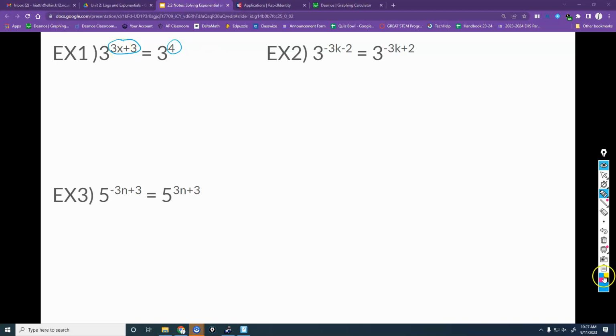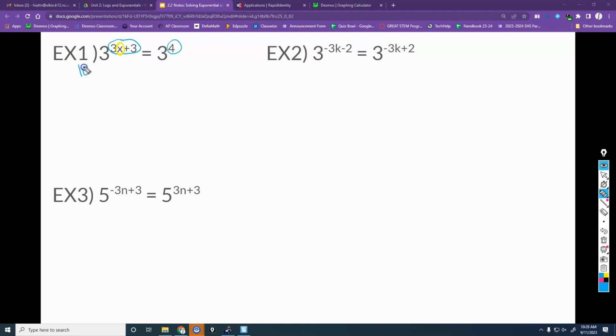I am trying to solve for that little x and get it all by itself. But I can't get to that x till I get rid of that 3, and that 3 is the base of an exponent. How do we get rid of the base of an exponent?